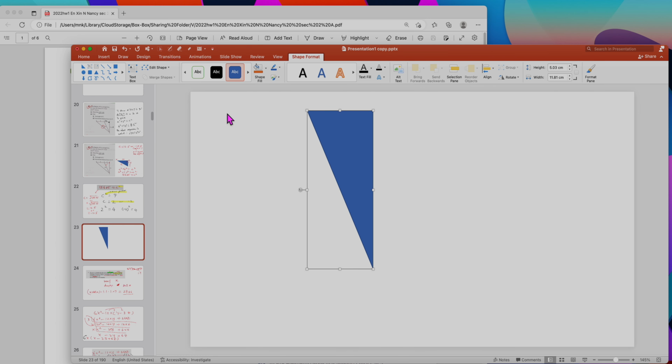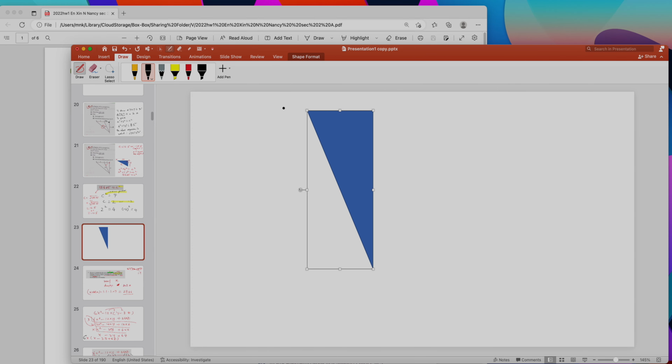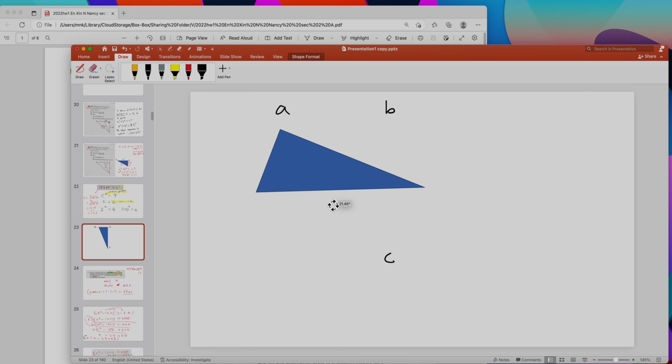Yeah, so this is the one. So this is A, this is B, C. So we get the shortest distance from B to this AC. Right? B to AC. So I think it's good that we just see it this way.